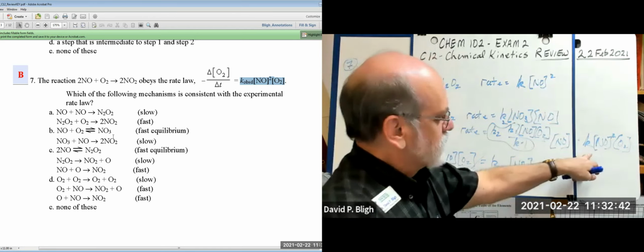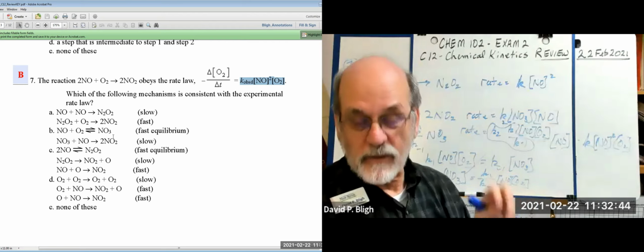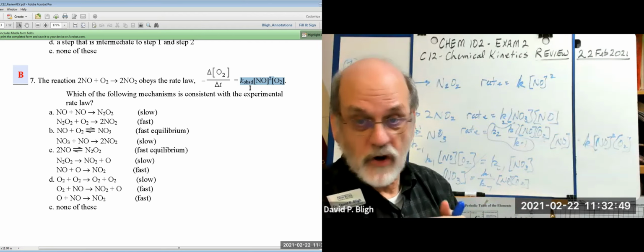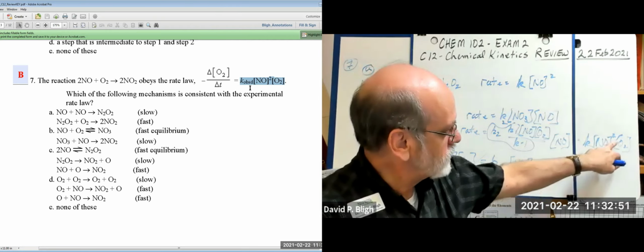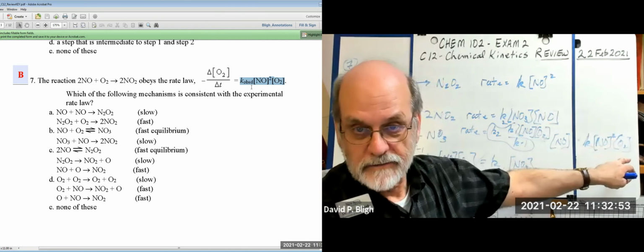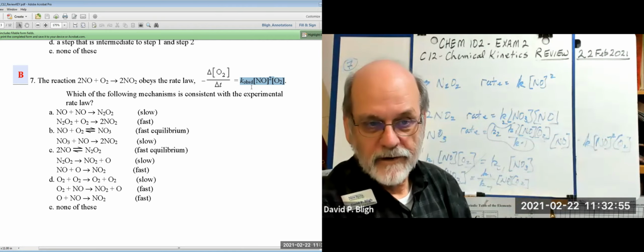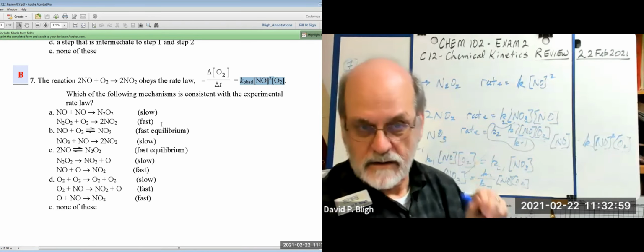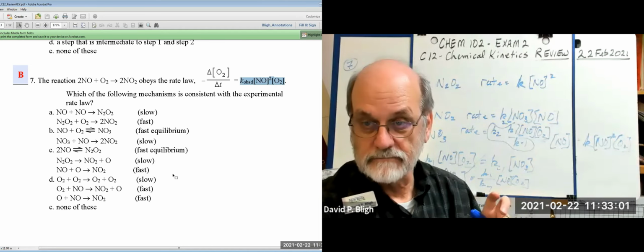That one gives us something resembling the experimentally determined rate law. NO to the second power, O2 to the first power, and a K. So that means that B satisfies the conditions, right?